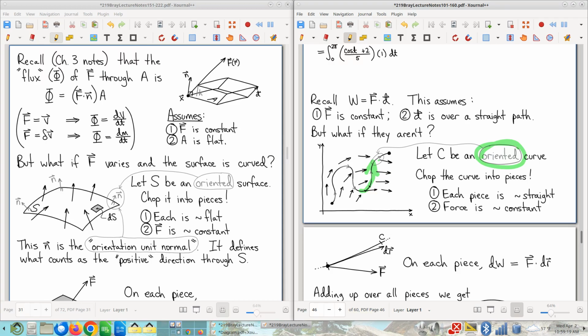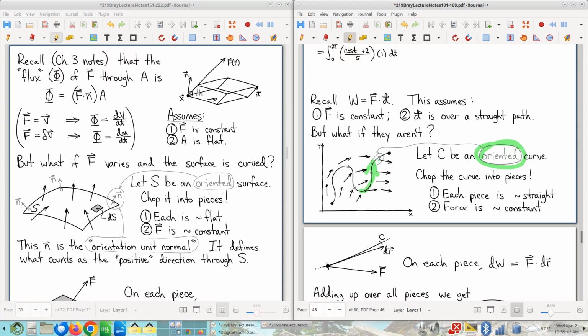It's going to give you a different answer if you climb up the hill versus if you climb down the hill. Importantly different answer. So we distinguish between those with this thing called an orientation, which is just a way of indicating which direction along the curve I am going.